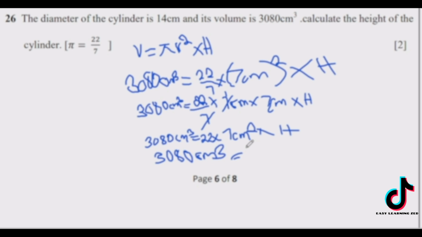Is that 20? That is 154, not 144. It will be 154 because 20 times 7 is 140, then 2 times 7 is 14, so 154 centimeters squared, times h.